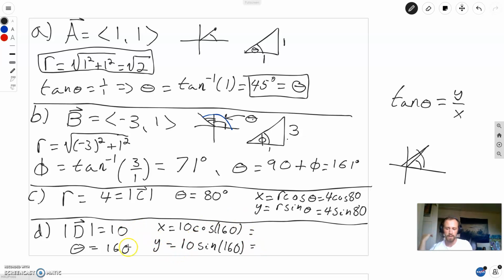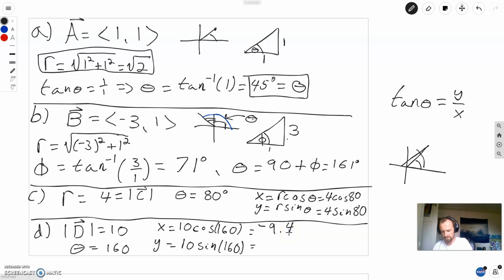So this one, this angle is going to be in the second quadrant, right? Because it's less than 180 degrees, but greater than 90 degrees. So I expect x should come out negative, and y should come out positive, right? Because here's that second quadrant right up here. So sure enough, I'll get 10 times the cosine of 160 equals negative 9.4.